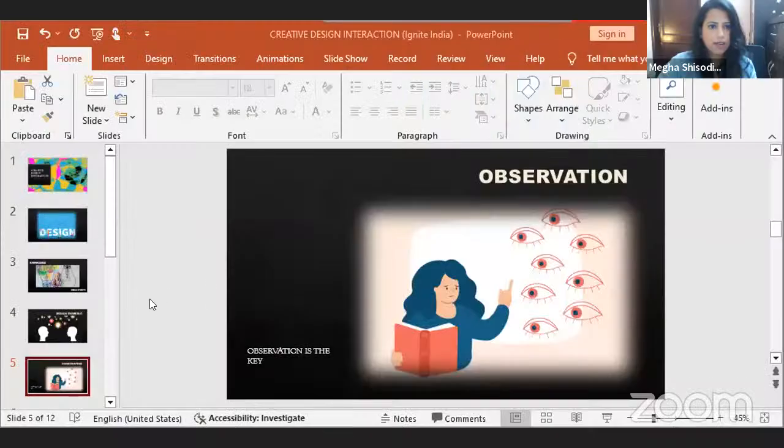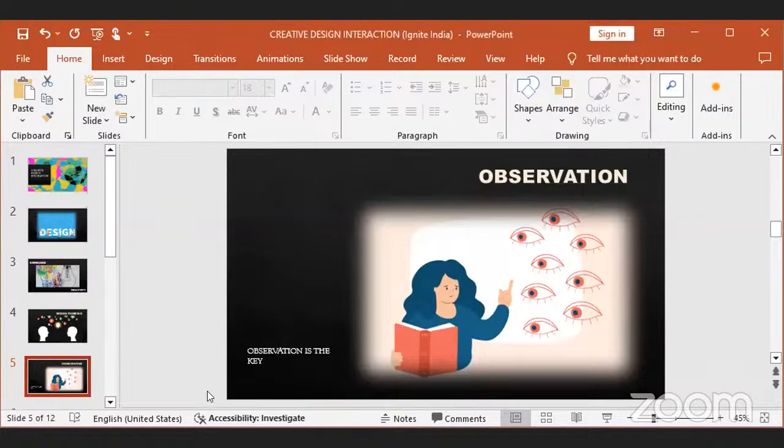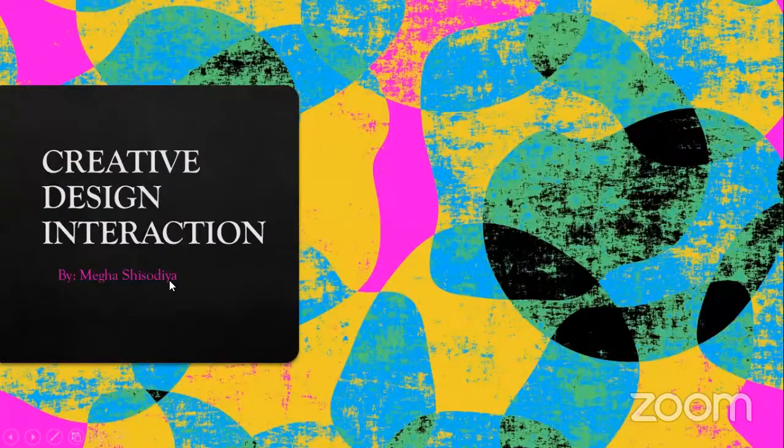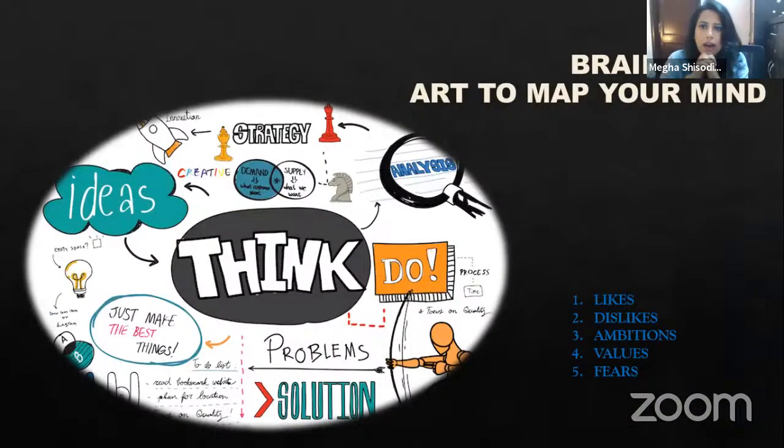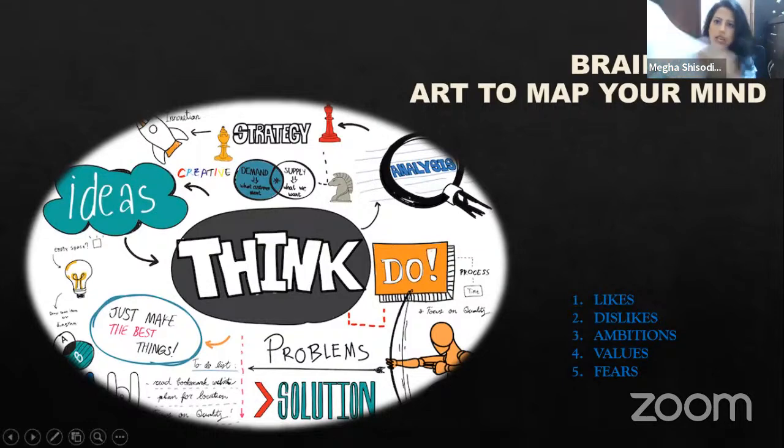Can you see my screen? Yes, ma'am. Great. So you can see on my screen, the art to map your mind, that's brainstorming. Take out a paper. Should I show you how to do it? Take a white sheet, small, big, whatever.